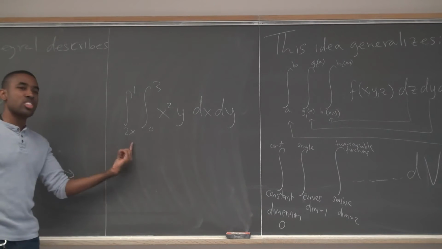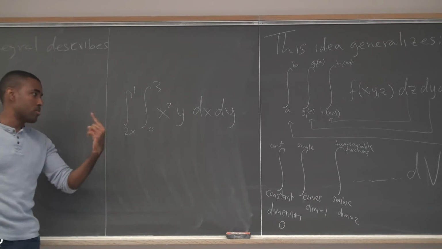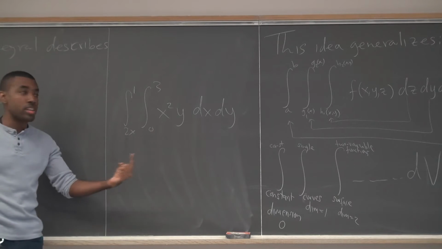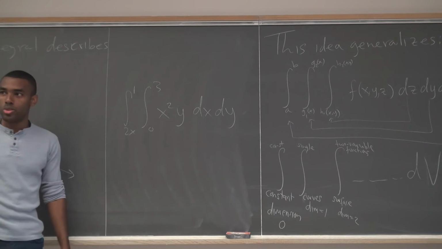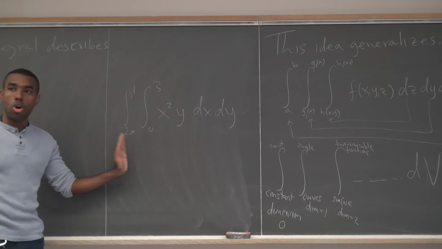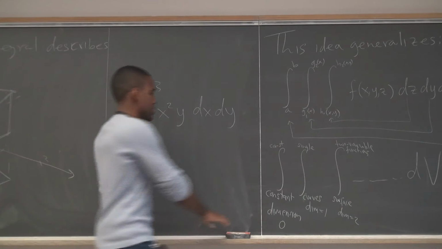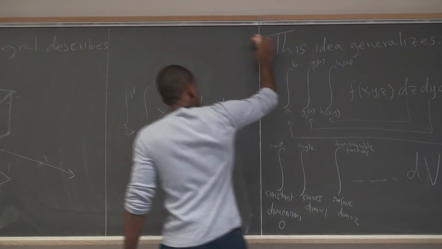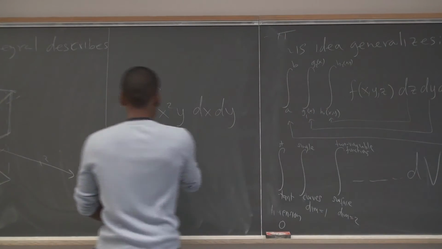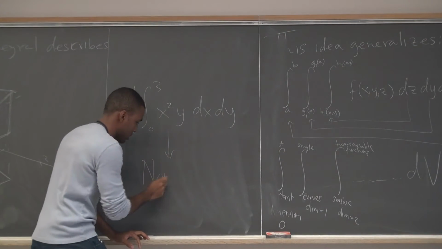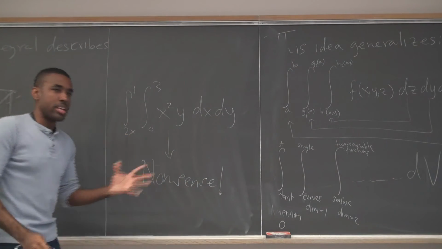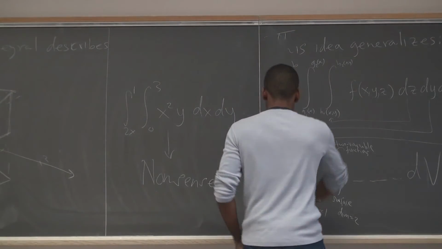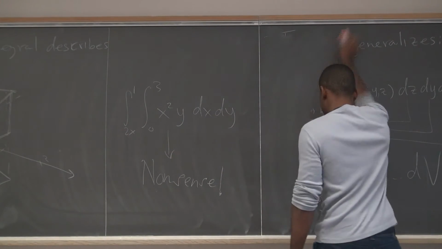Constants always go on the outside. Functions always go on the inside. Surfaces always come after that. It will never be the case where you have to switch these around. Constants always here, right? So this is nonsense. If you set up anything like that, you're wrong, totally wrong, way wrong.